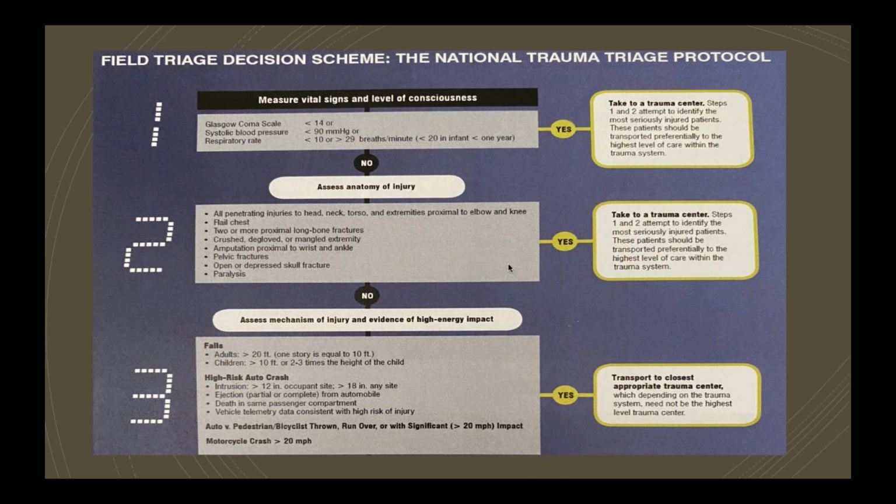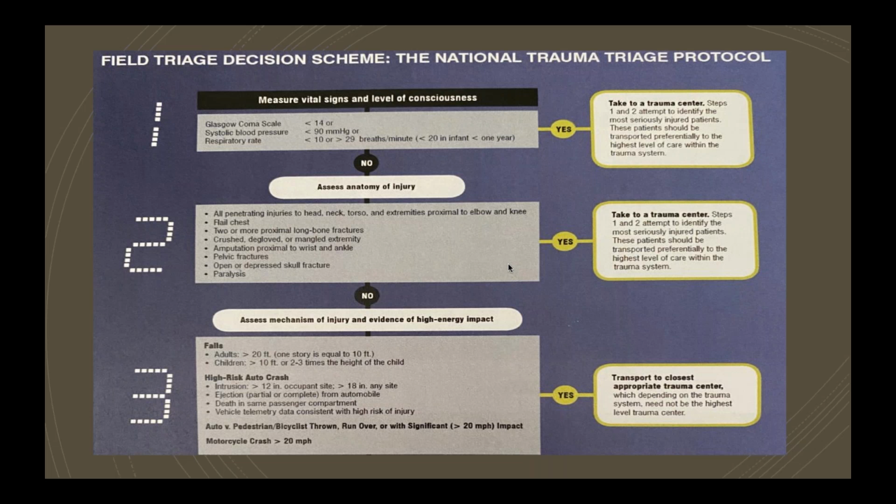When we talk about vehicle crashes, if you have any intrusion greater than 12 inches, and on the occupant side, greater than 18 inches on any site of the vehicle, ejection, whether it's partial or complete, is an automatic trauma code. Any death in the same passenger compartment.